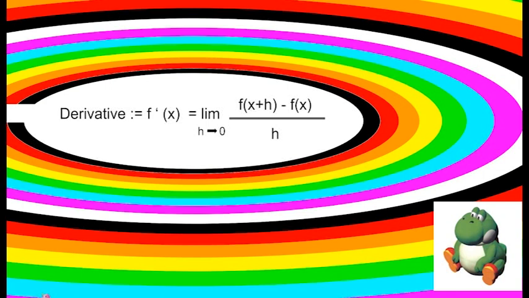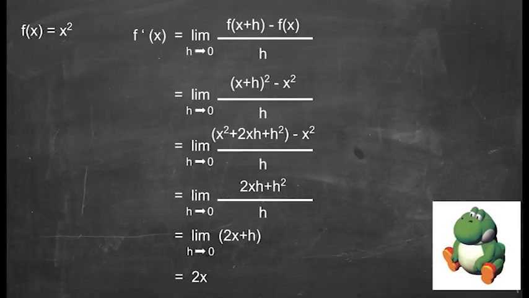Now let's find the derivative of f(x) = x² by plugging it into that expression. Take some time to verify this algebra for yourself. Let's verify that this makes sense.